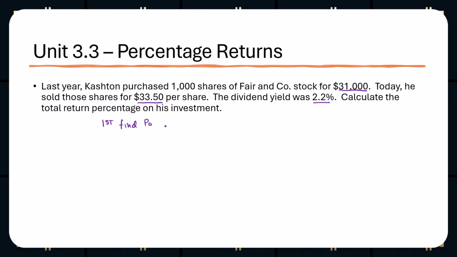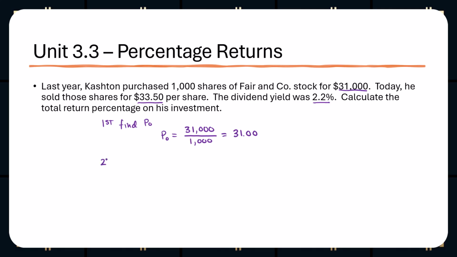To do that, we're going to take the value of the stock when he bought it, so that's the value at time 0, divided by the number of shares that he acquired for that amount. That gives us a price per share of $31.